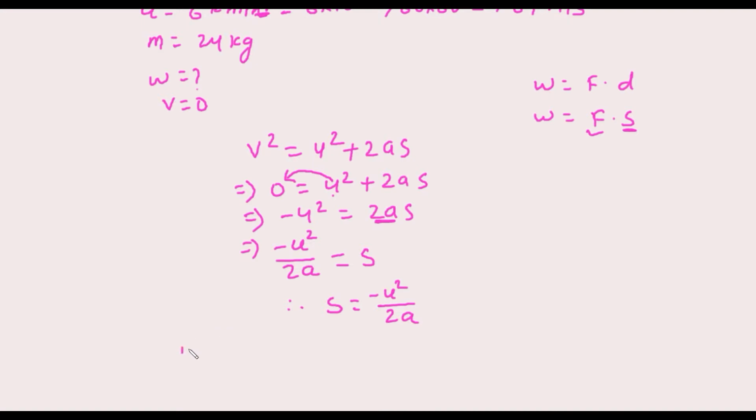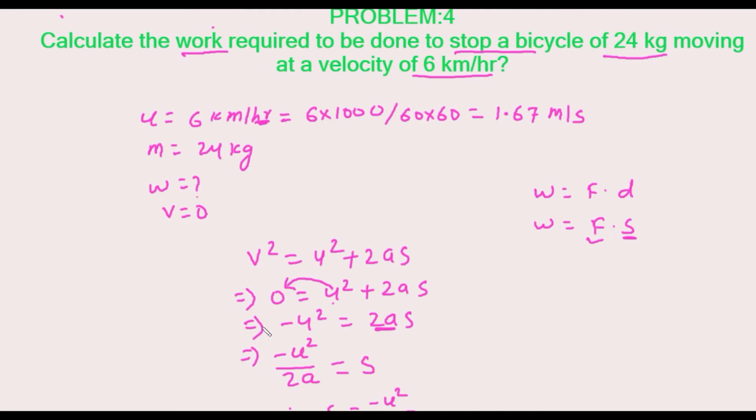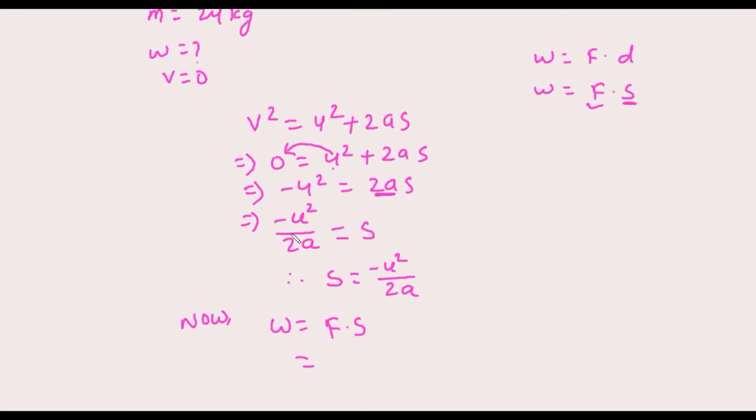Now we have work done equal to F into S, and force is not given, only mass is given, 24. We know the formula force equals mass into acceleration, and S is minus u square by 2a.